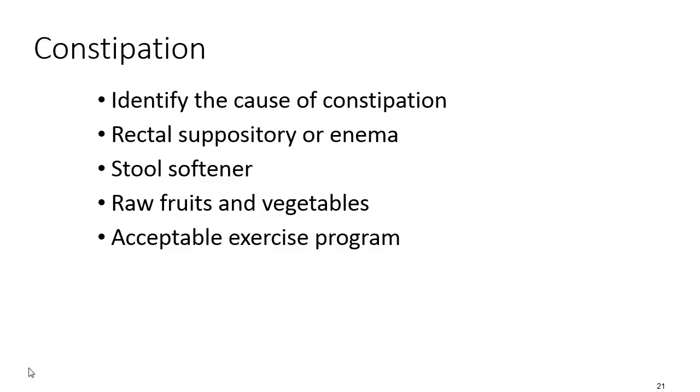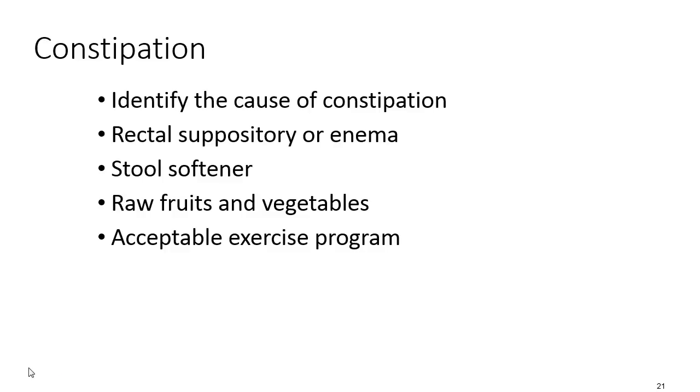For constipation, we identify the cause of the constipation, and causes could be low fiber, low fluid intake, ignoring the gastrocolic reflex, stress, neurological disorders, or opioid medications. So if we identify the cause, we can then help to identify the way to relieve the constipation.